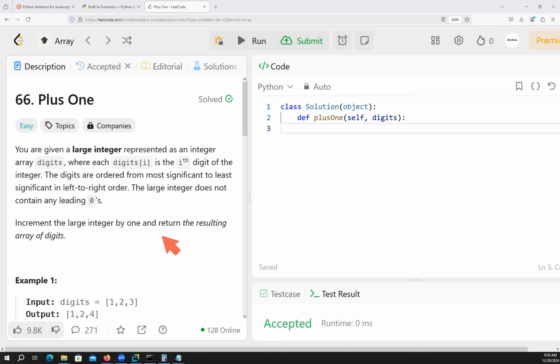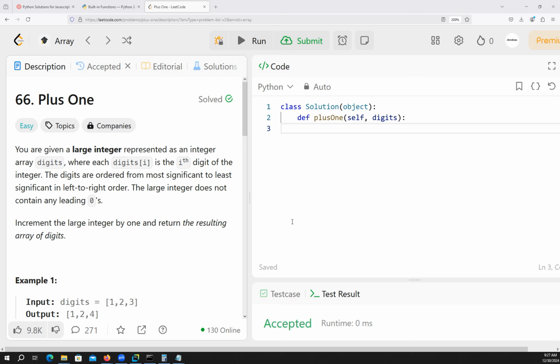So you're going to be given a multi-digit number in list form in Python, and the task is to increment that multi-digit integer by 1 and return it in list form.